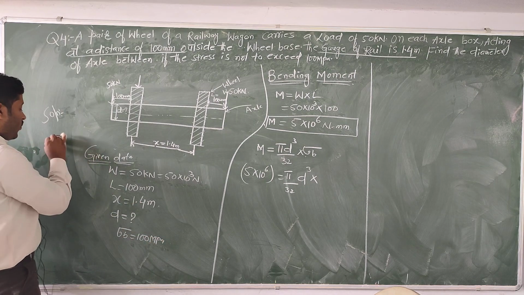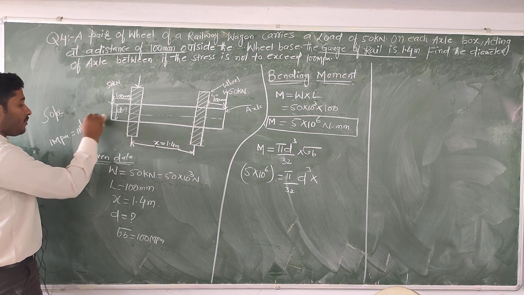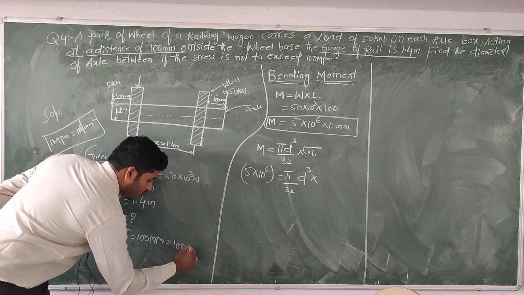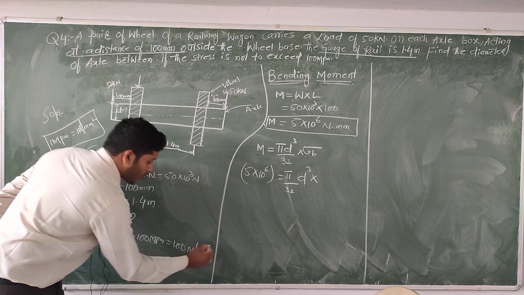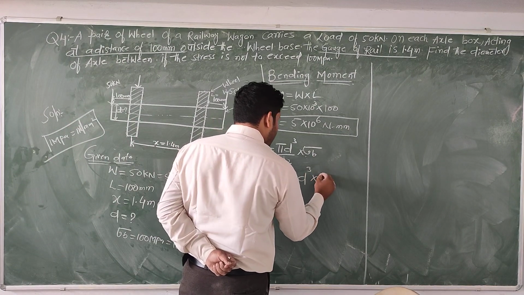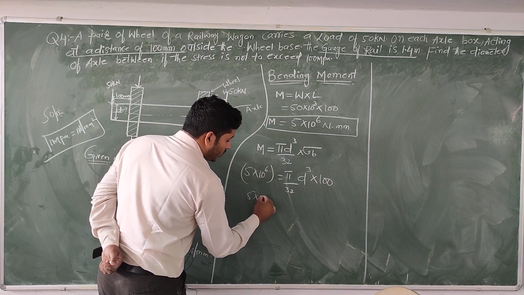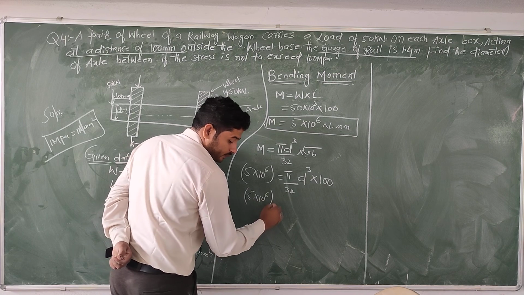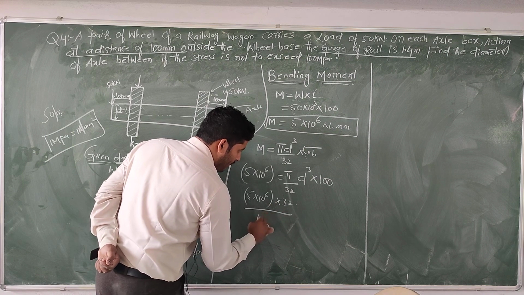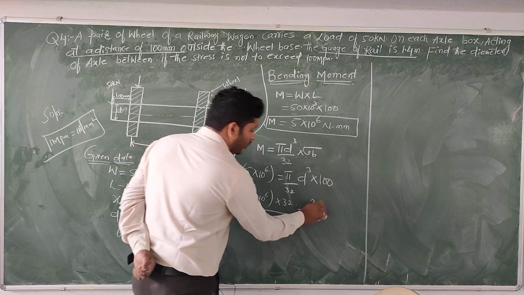We know 1 megapascal is equal to 1 Newton per millimeter square. So 100 Newton per millimeter square. Then d cube equals 5 into 10 power of 6 into 32 by pi into 100.